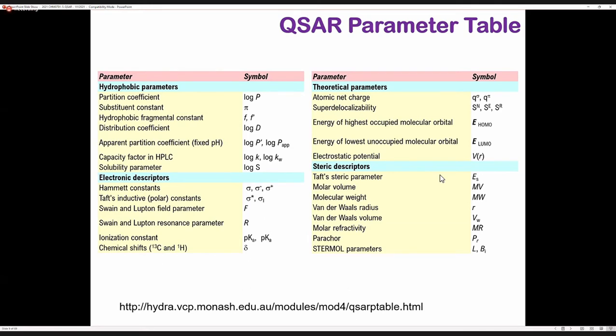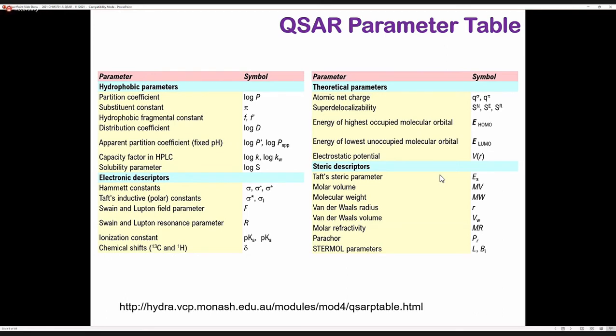Your own equation. So from your own equation, when you put in all the compound values, you will get a value for each compound. For example, atomic net charge, right? You have thousands of compounds, you calculate the net charge for each compound, and then you put that value into the equation that you designed.